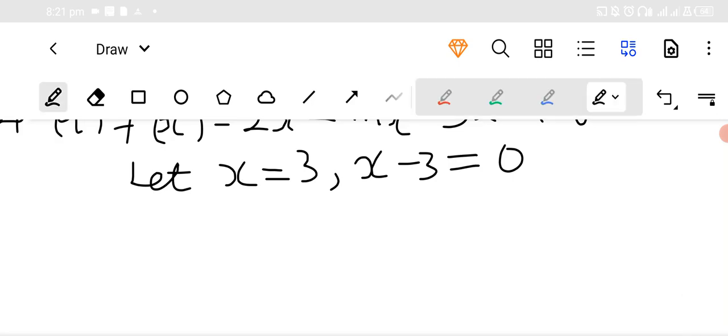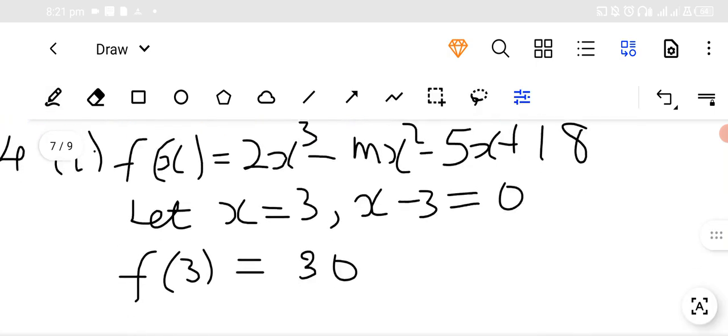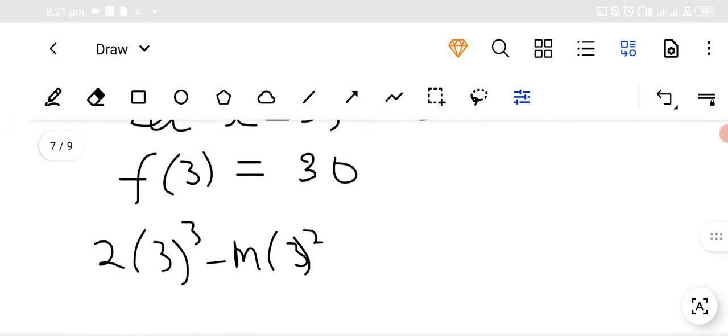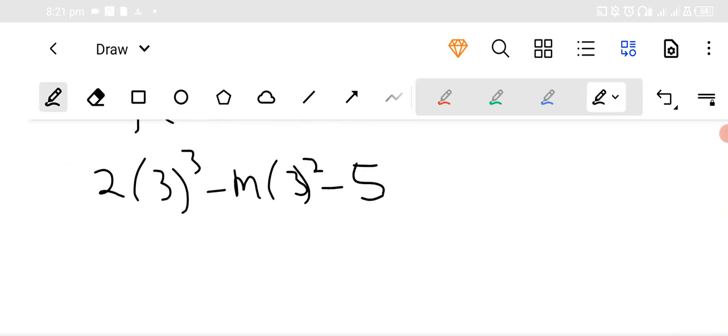So it's simply trying to say that f of 3, substituting 3, is equal to 30. Then you just write that down: 2 times 3 to the power 3, minus m times 3 to the power 2, then minus 5 times 3, plus 18 is equal to 30.